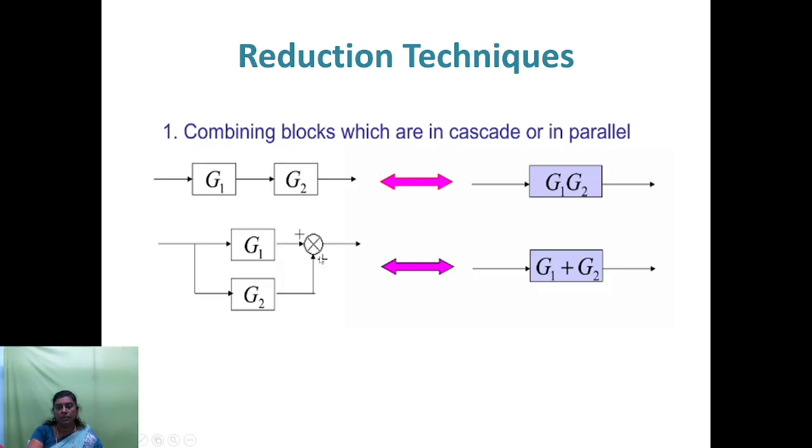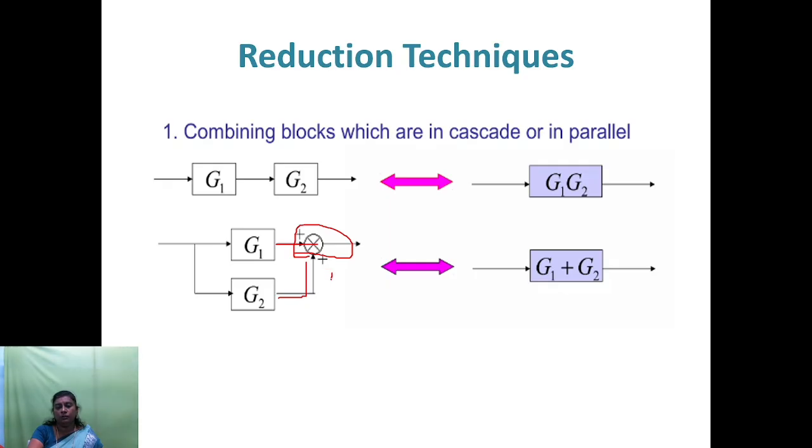The second diagram represents the parallel connection. Here two blocks are connected in parallel, and this symbol represents the summer. In this line we are getting a gain of G1, and in this line we are getting a gain of G2, and at this point we are adding the two gains G1 and G2.